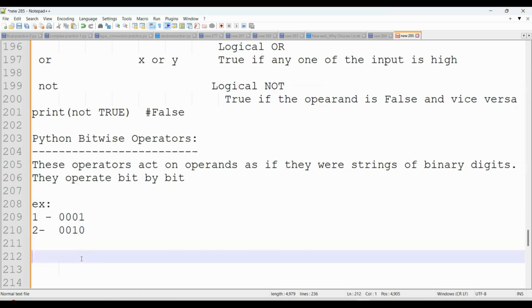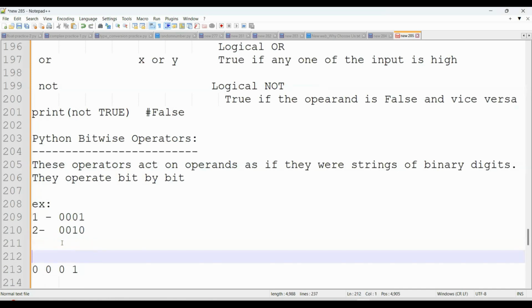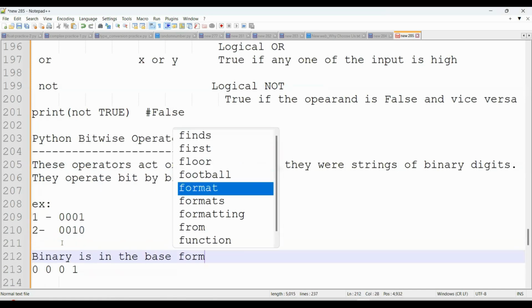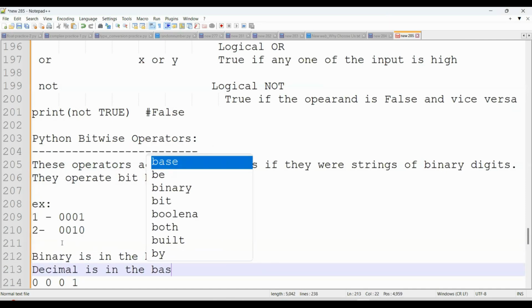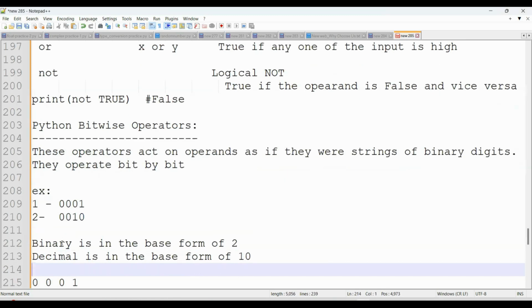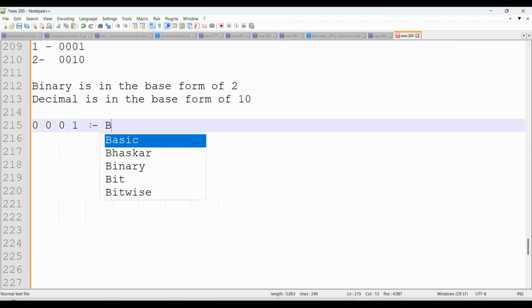Binary is in the base form of 2. Decimal is in the base form of 10. You might have known all these things, but I'm just recapping. Here, this is the binary form.